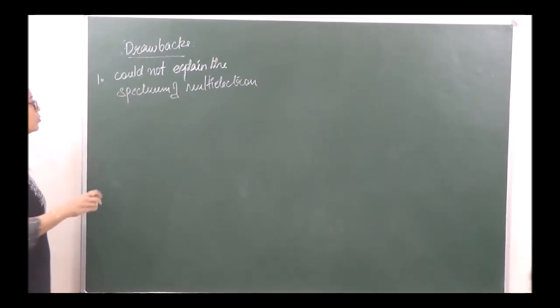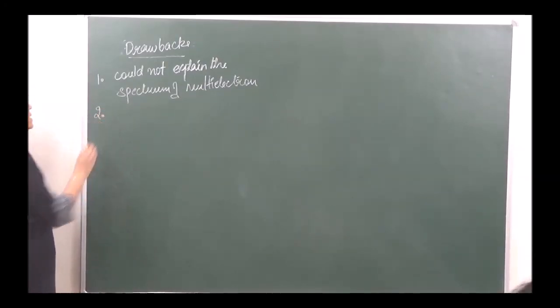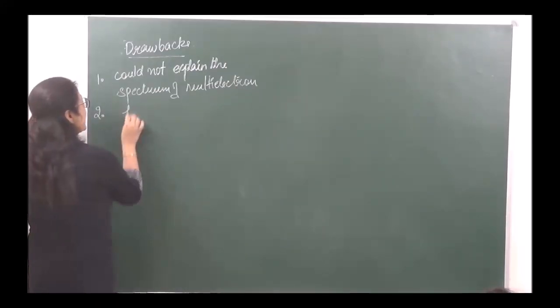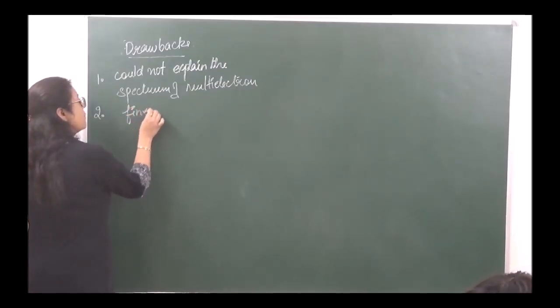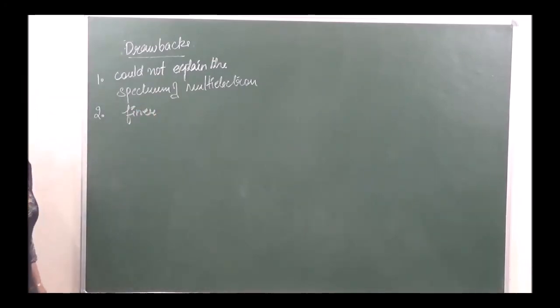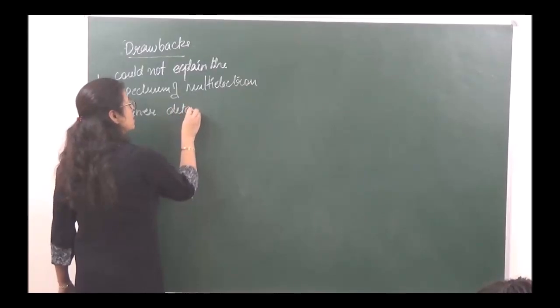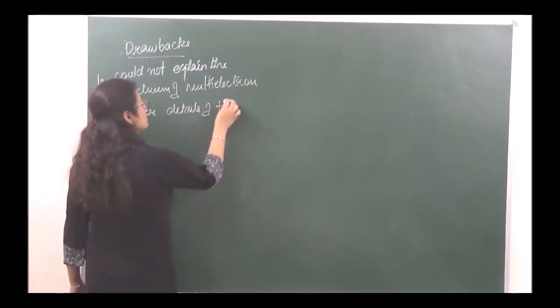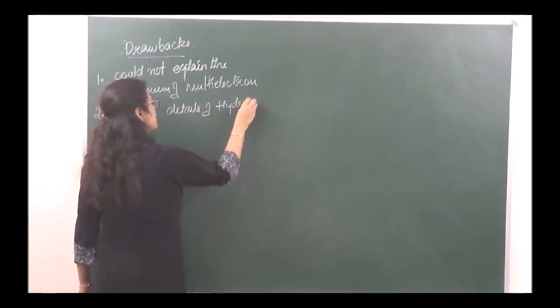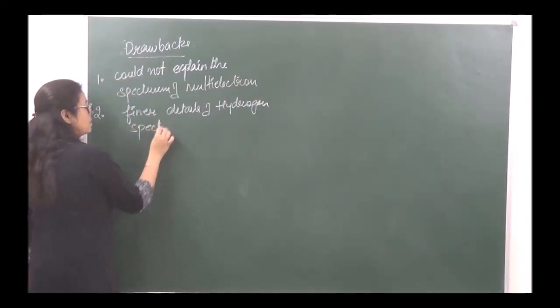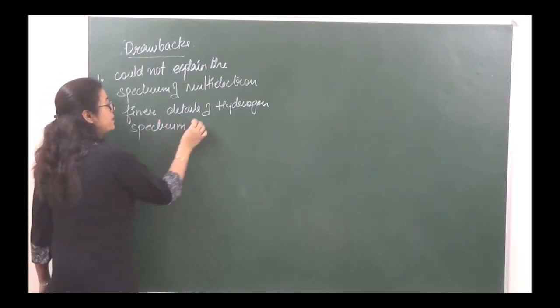Number two, although it explained the hydrogen spectrum, there were very fine lines in the hydrogen spectrum about which he did not give any explanation. So finer details of the hydrogen spectrum could not be explained.